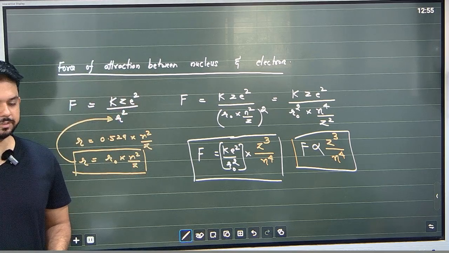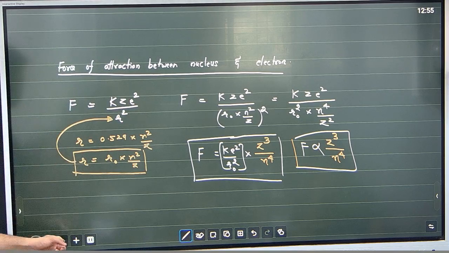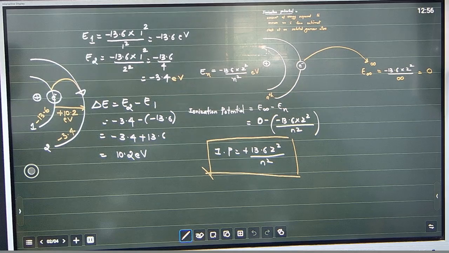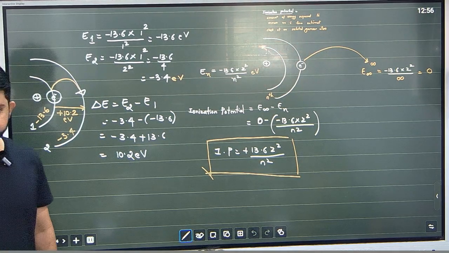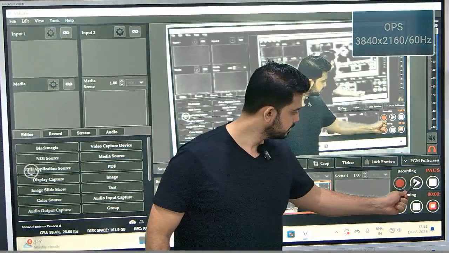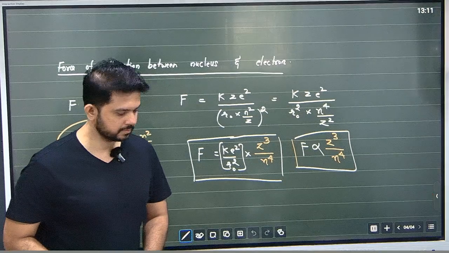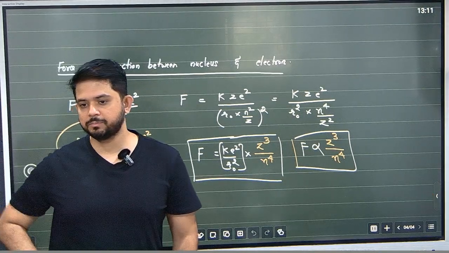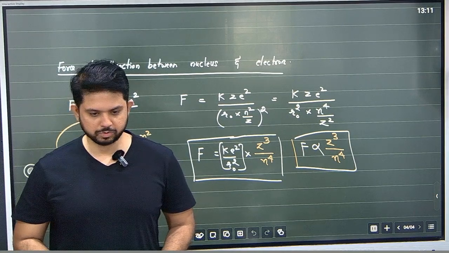These are the different expressions for force of attraction, time period and frequency. Okay, start writing from ionization potential. That completes the postulates of Bohr's model.